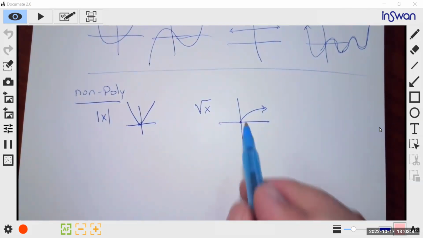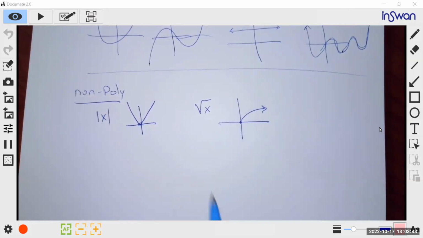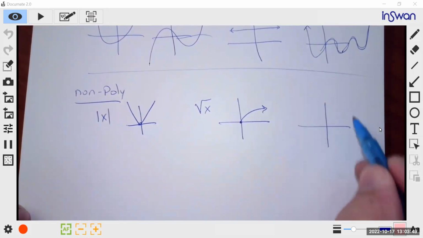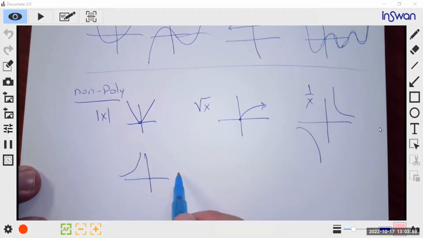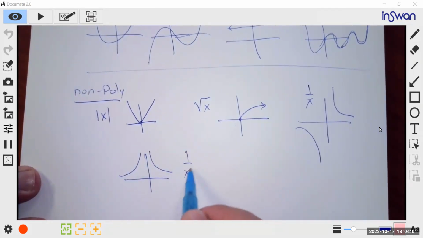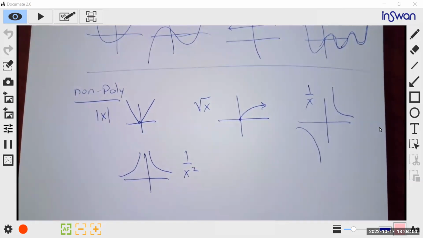Because it's not continuous. It has a beginning and an ending point. One over x. It's not continuous. One over x squared. It's not continuous. So those are examples of non-polynomials. So far, so good.